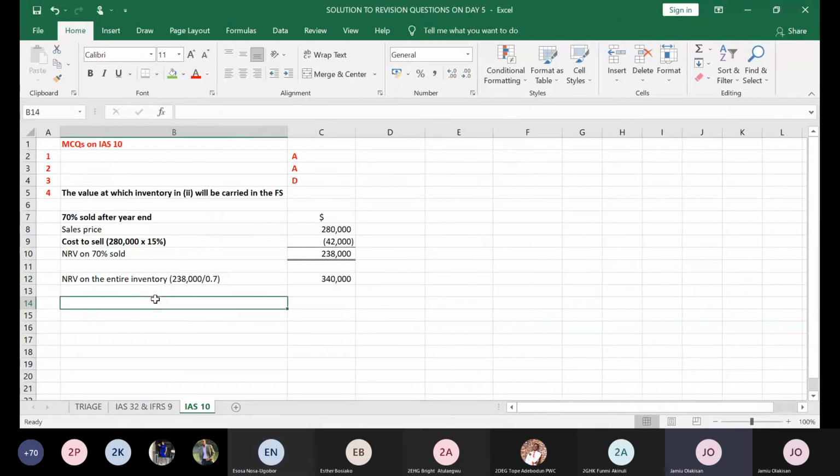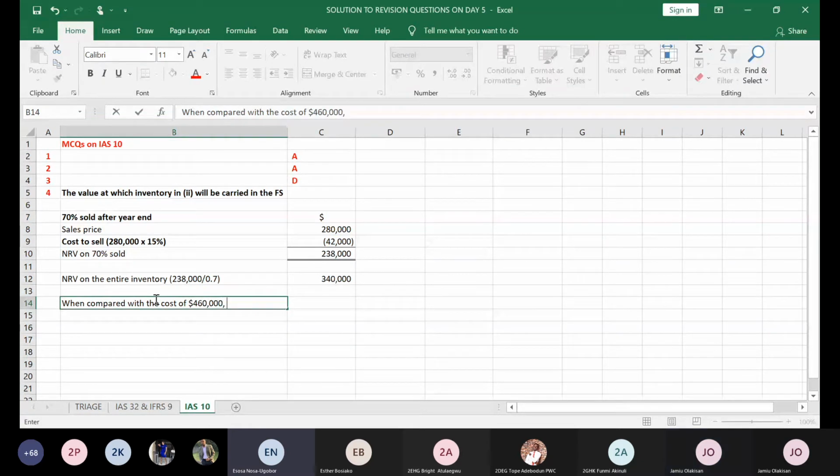So when you now compare it with the cost of 460, the NRV of 340 is lower, right?